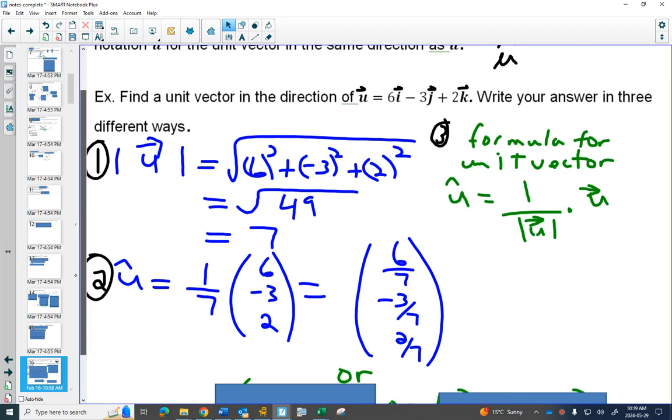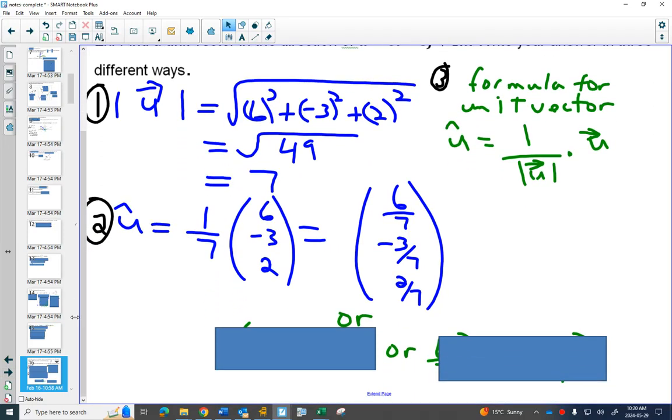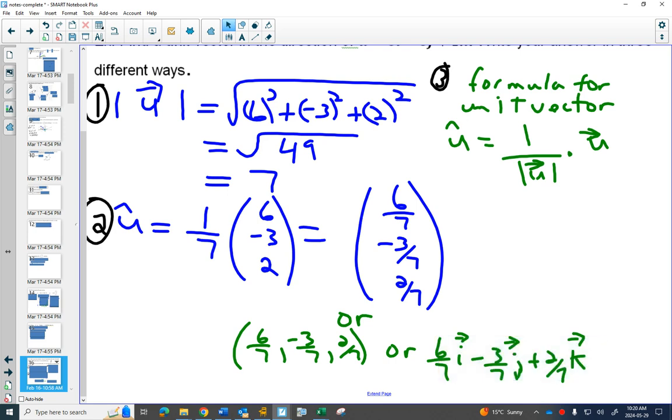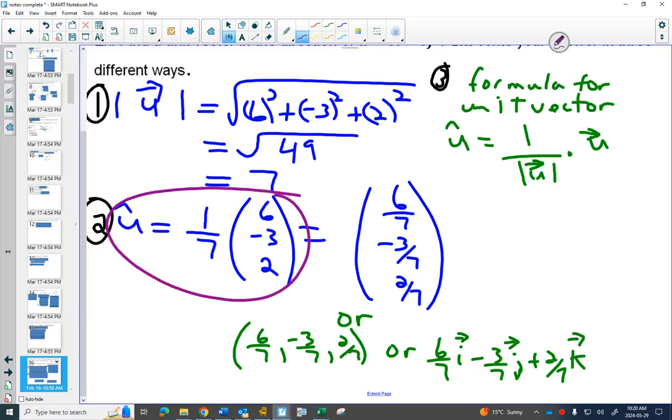And it asks for 3 different ways. So a third way is either as a point or with the unit vectors. My favorite way of writing the unit vector is this one.